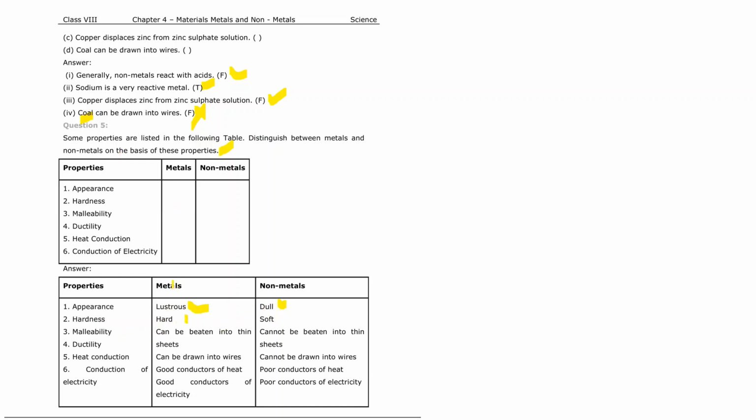Malleability: metals can be beaten into thin sheets, while non-metals cannot. Ductility: metals can be drawn into wire, while non-metals cannot. Heat conduction: metals are good conductors of heat, while non-metals are poor conductors. And electricity: metals are good conductors of electricity, while non-metals are poor conductors.